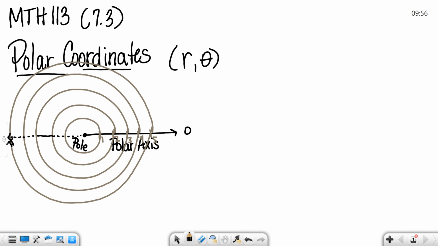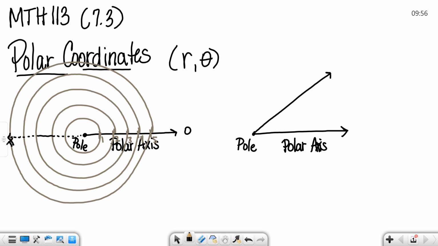Okay, so I can have some angle. Let me just draw it over here before I try to put it on the graph. So again, there's our polar axis, and here's our pole. And when I draw some angle, there's going to be a point whose ordered pair is r, theta, that is formed by drawing some angle theta.